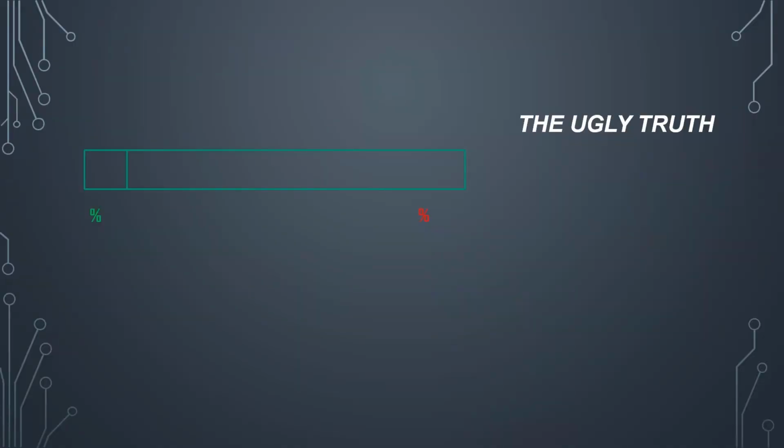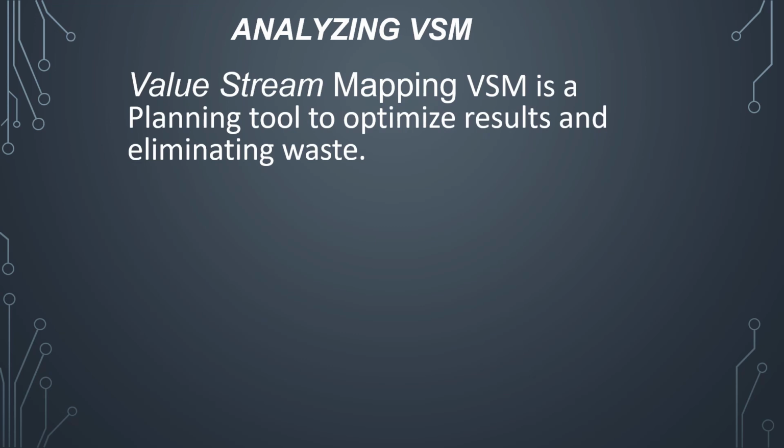According to the 5% and 95% rule, approximately 5% of activities within a process add value, while the remaining 95% are non-value-added activities or waste. Value stream mapping, VSM, is a planning tool to optimize results and eliminate waste.